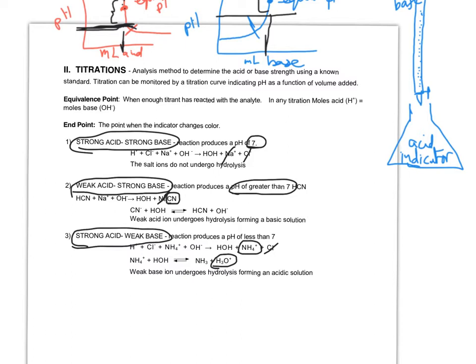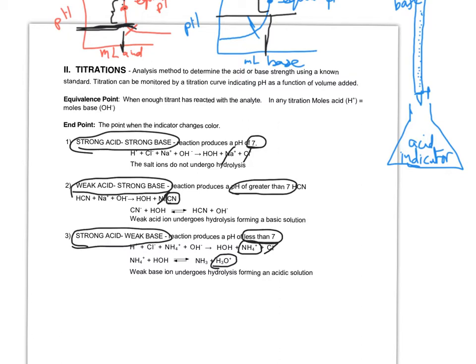At the equivalence point, when all of these have reacted, I end up with some water, and then some of the ammonium and the Cl- ions, but also some ammonia and some H3O+ are left over, and so my pH is acidic and it's less than 7.